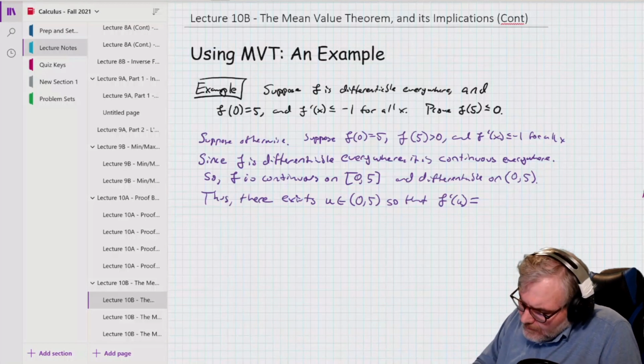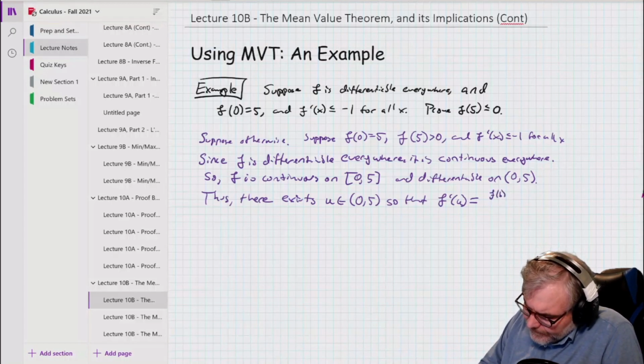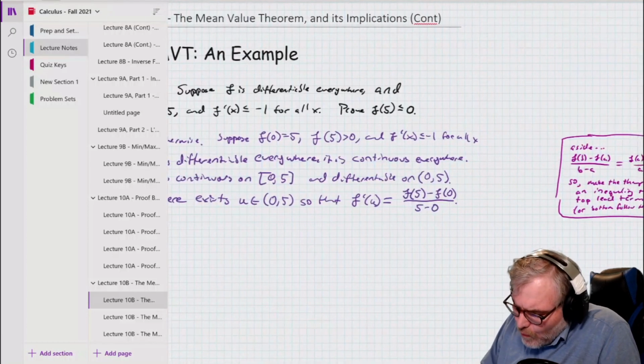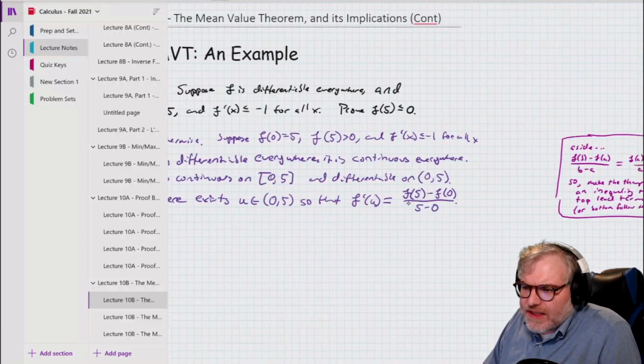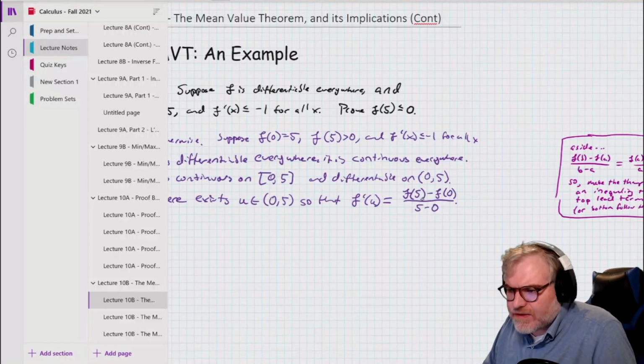So what I'm going to do is put f of 5 here. I'm going to do the slope of the secant line, which is f of 5 minus f of 0 all over 5 minus 0. Now, here's a little note. If you're dealing with inequalities, you want the thing that you have an inequality for to be in this particular space.